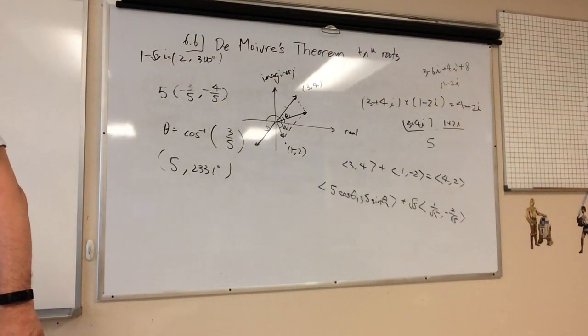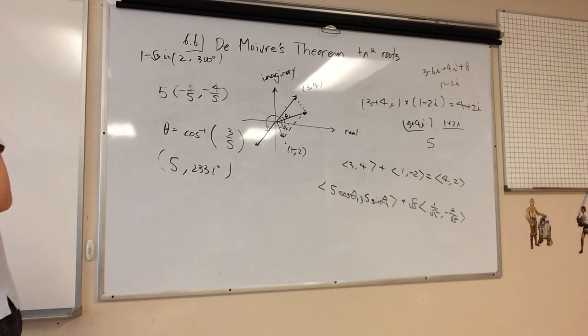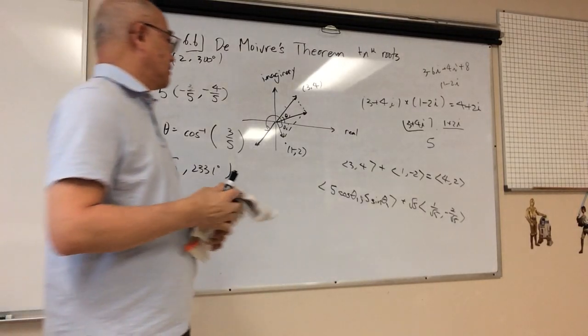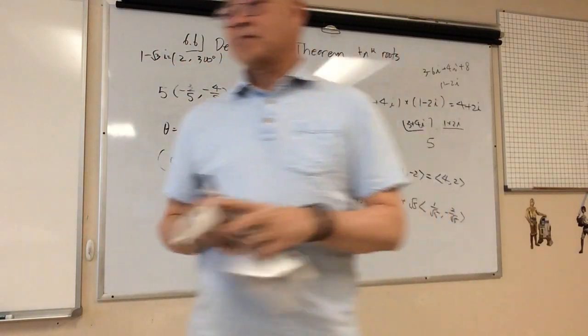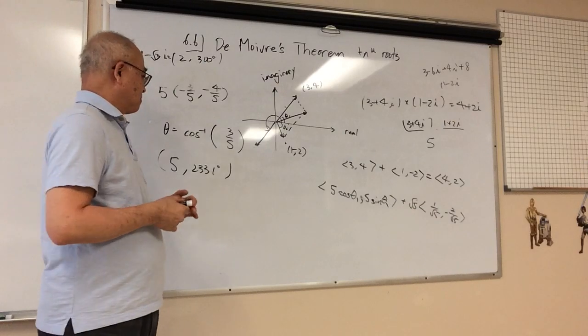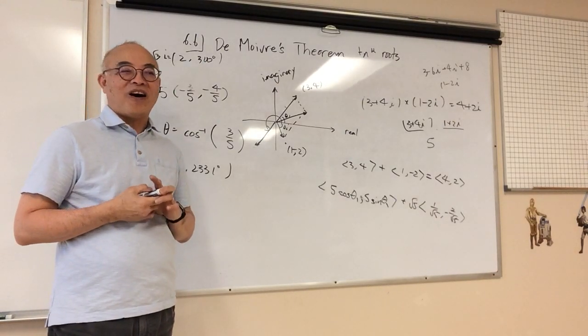Okay. Go to page 505. Multiplication and division of complex numbers. Read the blue box, and be awed.